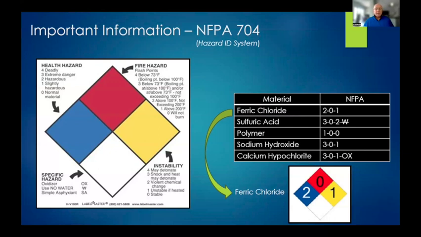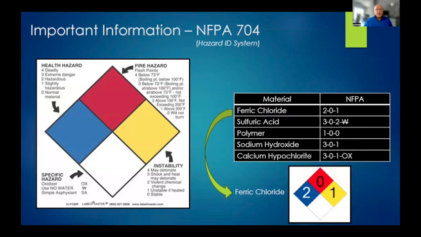But say something like gasoline has a very, very low flash point, something well below 73 degrees, something below 0, would have a very high rating of 4. Moving on to instability, okay, ferric chloride is relatively low, unstable if heated, slightly heated. Something that could detonate, nitroglycerin, for example, TNT, has a very high instability rating.